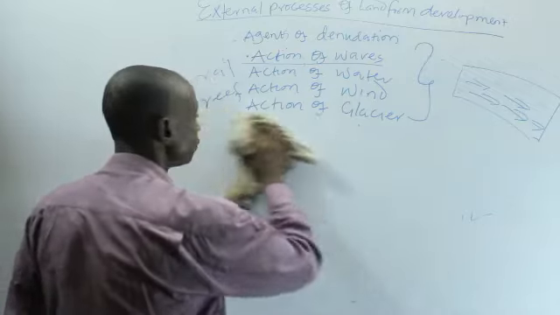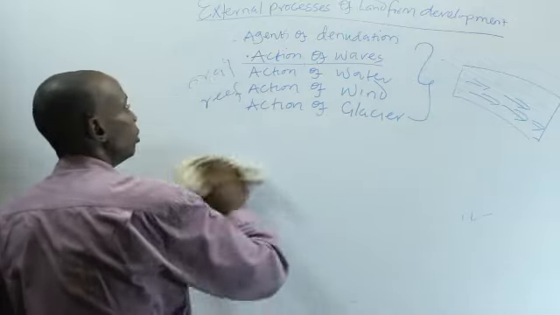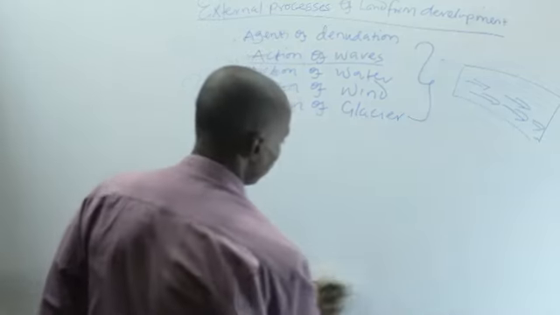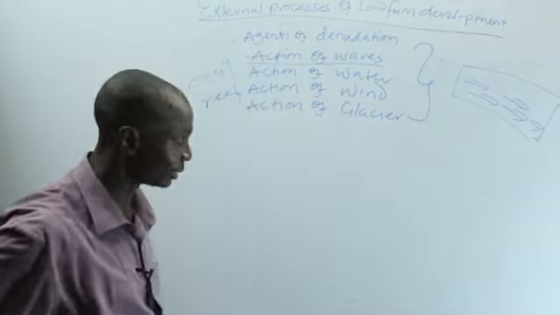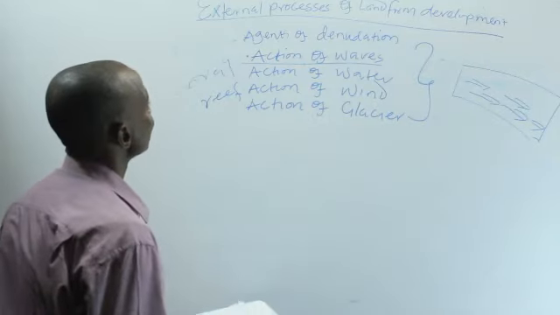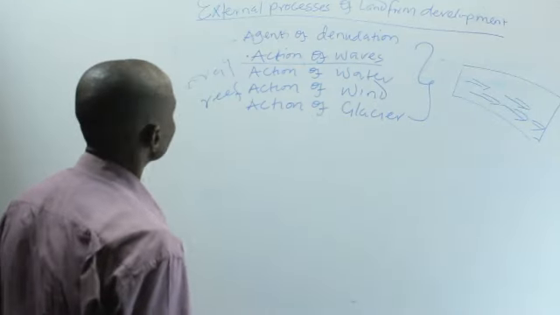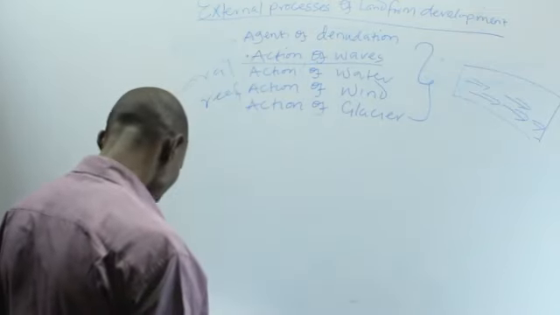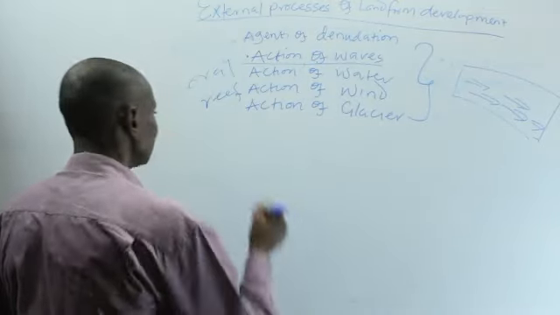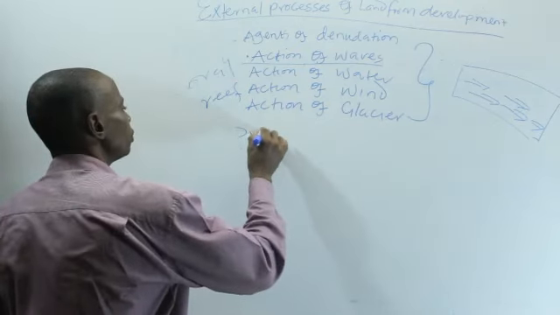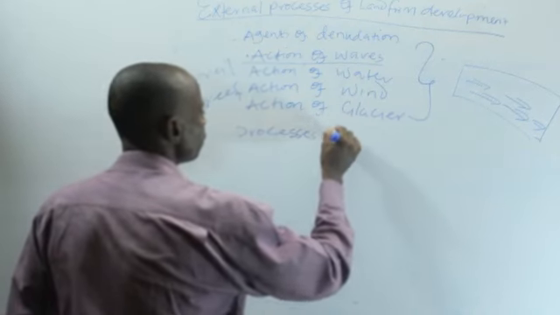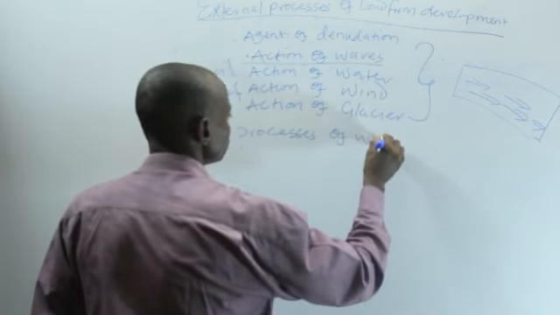It is as a result of the transportation, or carrying and moving of materials from one point to the other, that they produce a landform. Remember, we are dealing with external processes of landform development. Processes of wave erosion.